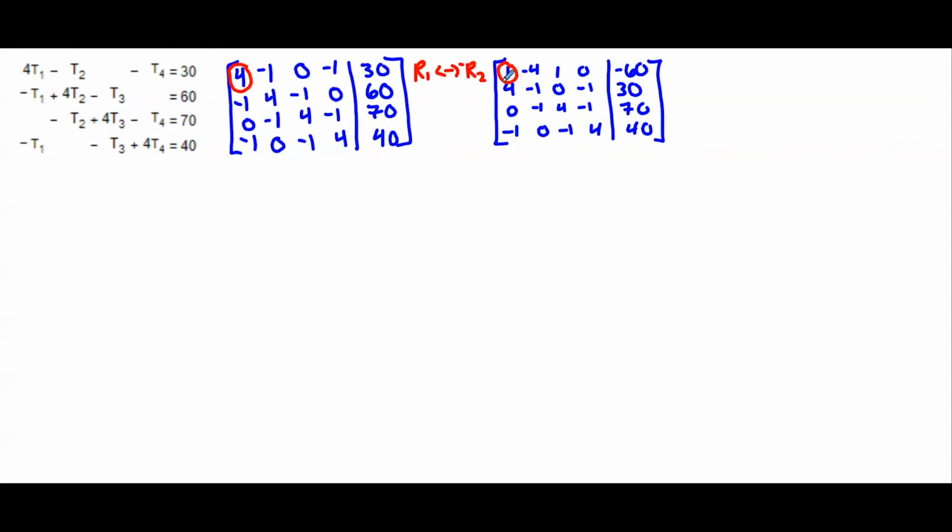So I have my leading 1, and then I can eliminate these two. So I need to change row 2 by subtracting 4 row 1. I'm going to change row 4 by adding row 1.